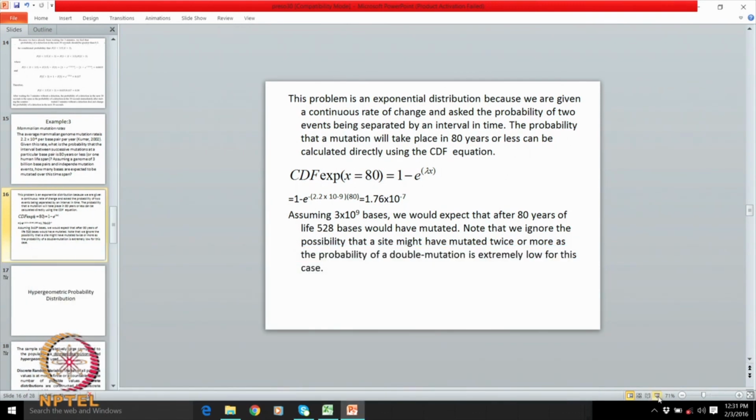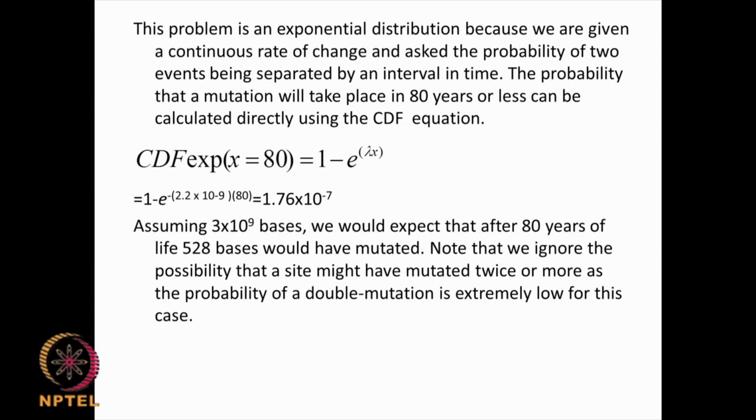So, totally 528 bases would have been mutated. Of course, here we assume that the possibility of a site getting mutated twice, a double mutation, is extremely low, so it is only single mutation. By assuming that, we get a probability of 1.76 into 10 power minus 7, and with about 3 into 10 power 9 bases, there would have been 528 bases mutated in the 80 years.